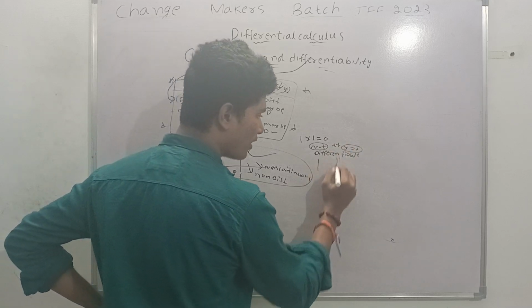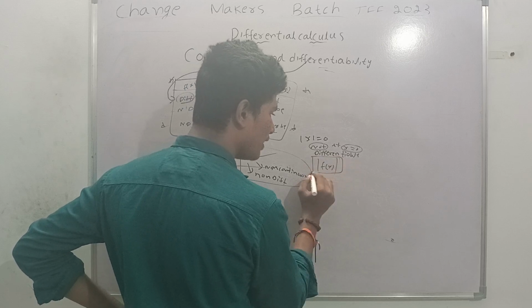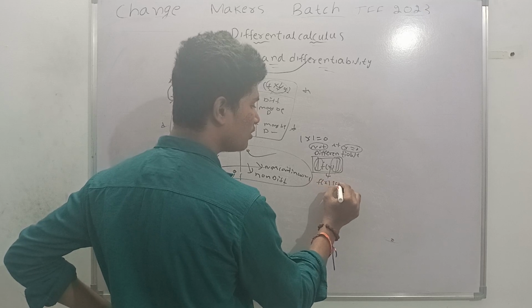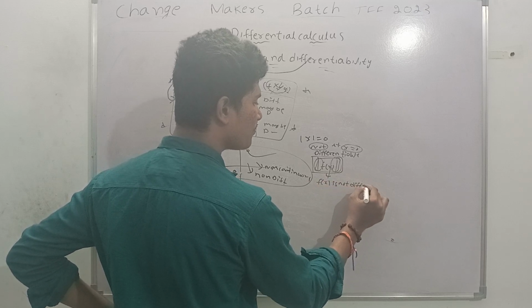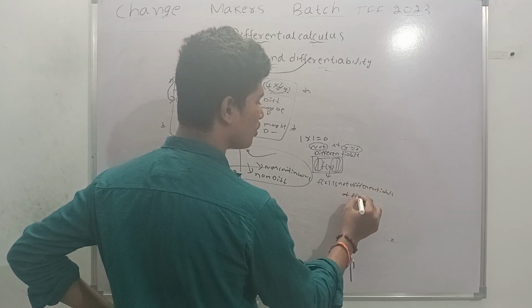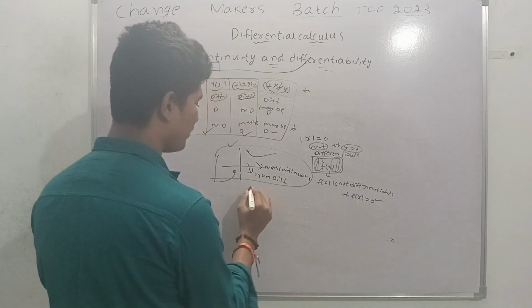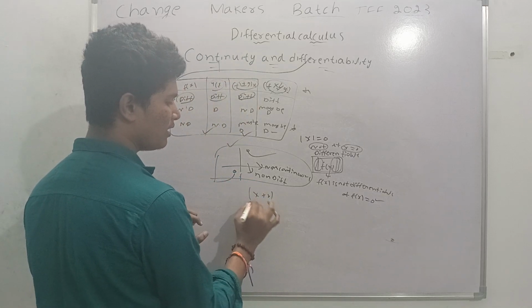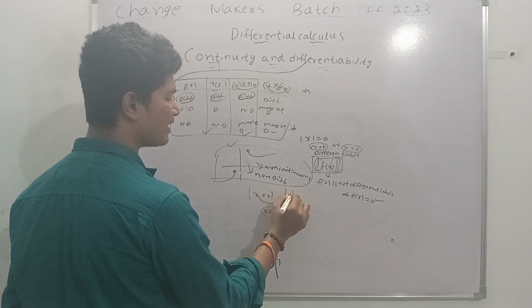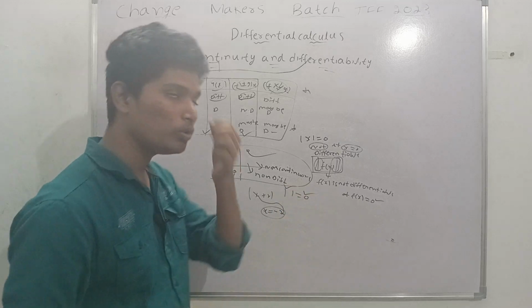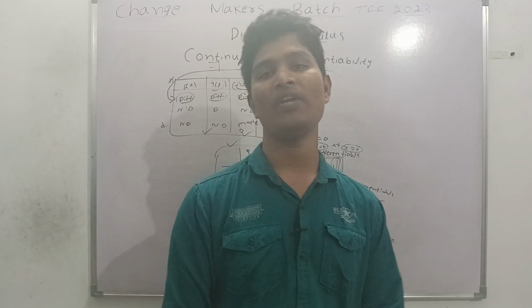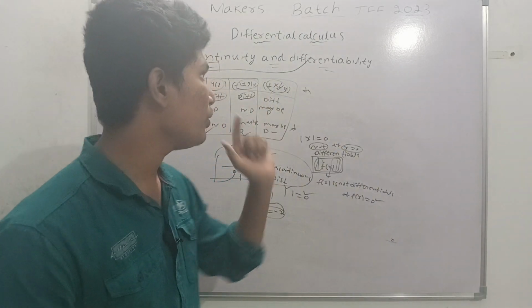So whatever function is in the modulus operation, that f of x is not differentiable at all points where f of x equals 0. Suppose we take x plus 2 in the mod, this function is not differentiable at x equal to minus 2, because at x equal to minus 2 the mod is getting 0. So at the value where the mod is getting 0, there will be a chance of non-differentiability. So this is the complete chapter of continuity and differentiability.